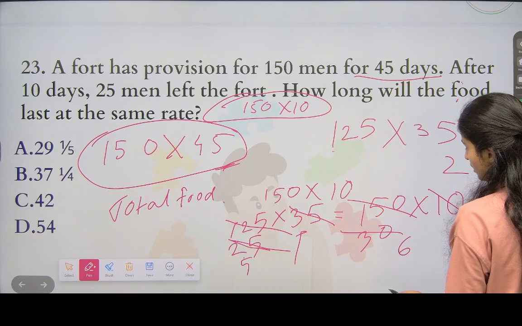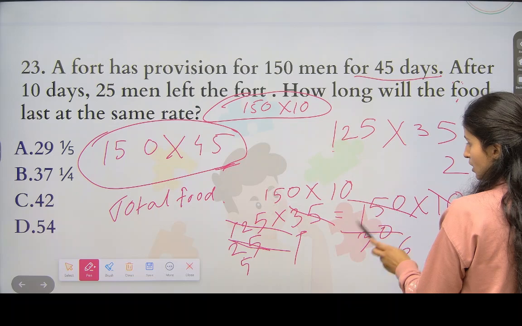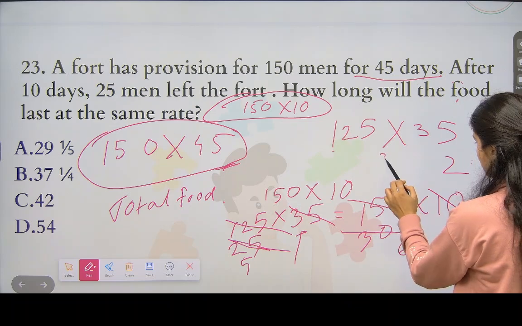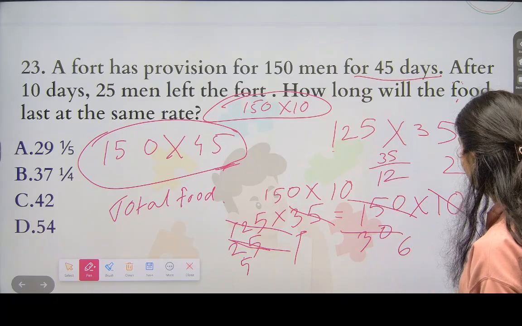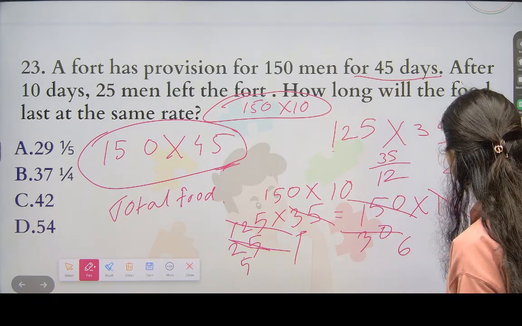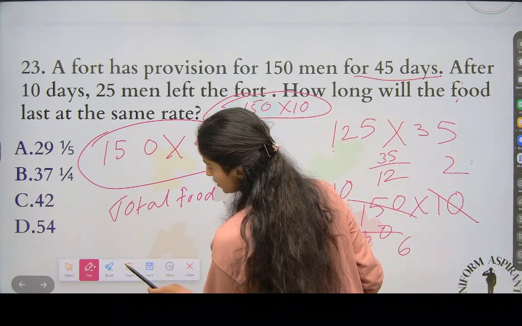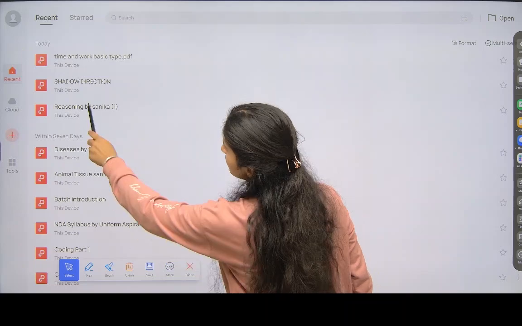So what is coming? 7 5s are 35 upon 6 2s are 12, right? Wait just a minute, I'll see into this sum. Some options are wrong. Okay, we'll do this sum.